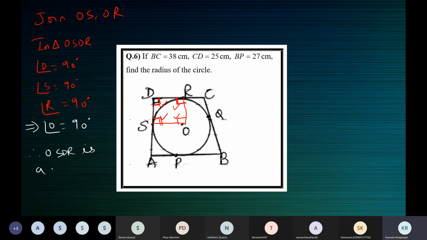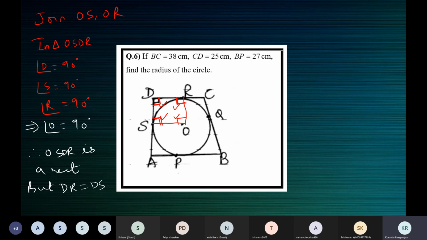OSDR is a rectangle. But you can say DR is equal to DS, or you can say one of these two. You can say DR is equal to DS because DR and DS are tangents from the external point D to the circle. So you can say adjacent sides DR is equal to DS, or you can say OS is equal to OR, radii.